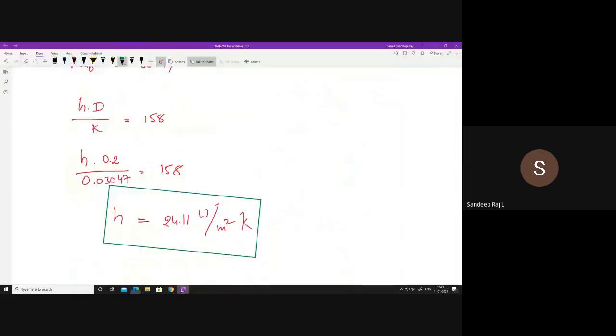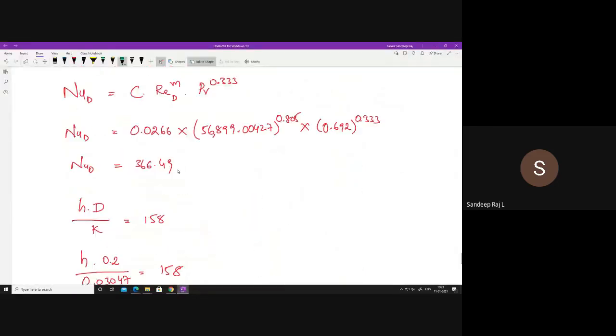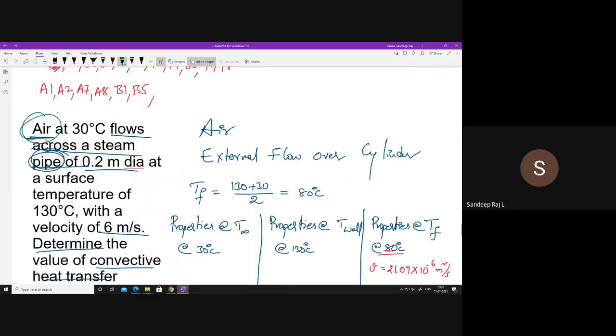If the question gives water, you will take the properties at T infinity. If it gives gases, you will take the properties at Tf. Since we have taken the air problem here, the thing remains the same. But if water had been given, things would have been different. Keep that in mind.